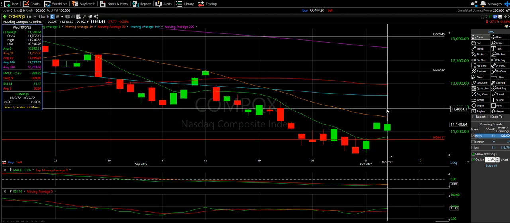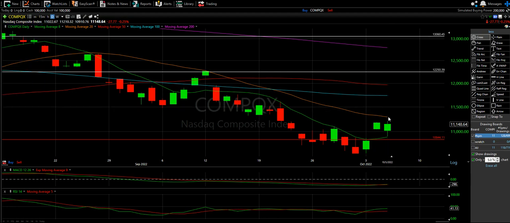What I love seeing when I click into here, you'll see that the average 20 is roughly 11,300, and then you'll see the average 100 is basically sitting at that 11,700, right? So these 2 lines do represent my next kind of important numbers, right? With the 11.5 right in the middle. And then again, this is still that main channel, right? Either we break it and work our way up, or we lose it and work our way down, right? So still very key.